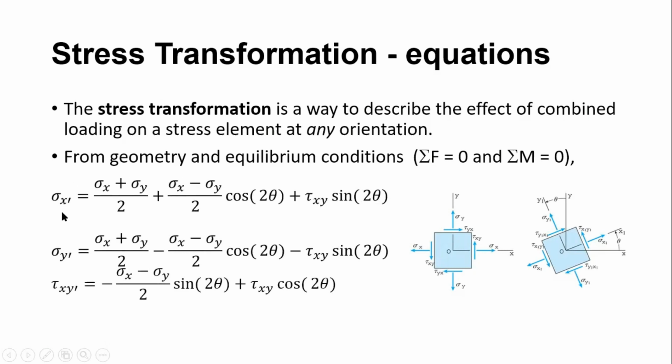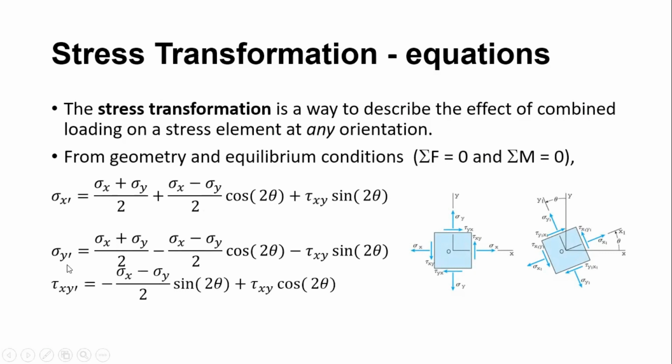So yung sigma x prime natin is equals to sigma x plus sigma y divided by 2 plus sigma x minus sigma y over 2 times cosine 2 theta plus tau xy sine times 2 theta.